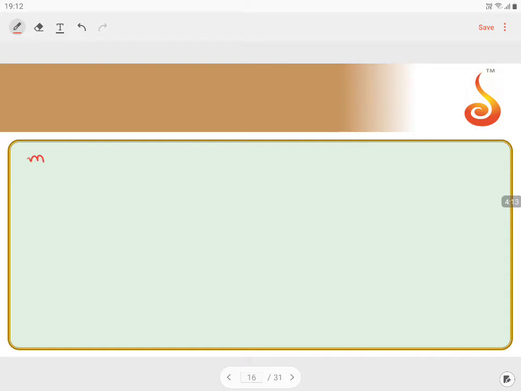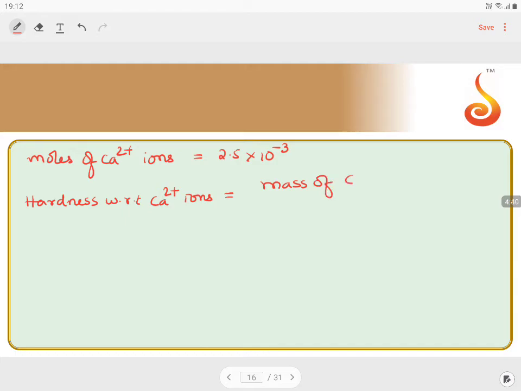Now the number of moles of Ca2+ ions in water is equal to 2.5 into 10 power minus 3. This is the number of moles. Now hardness in the water, hardness with respect to Ca2+ ions, is equal to mass of Ca2+ ions by mass of water into 10 power 6.